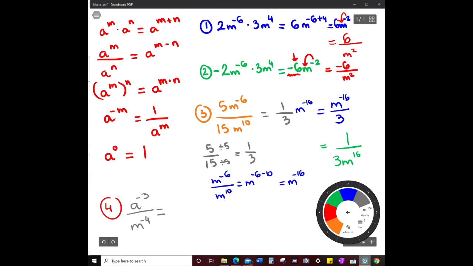If I work on this one, first of all, I consider a raised to negative 3. It's on top right now and it has negative exponent. Therefore, I will bring it to the bottom and the negative exponent will become positive exponent.